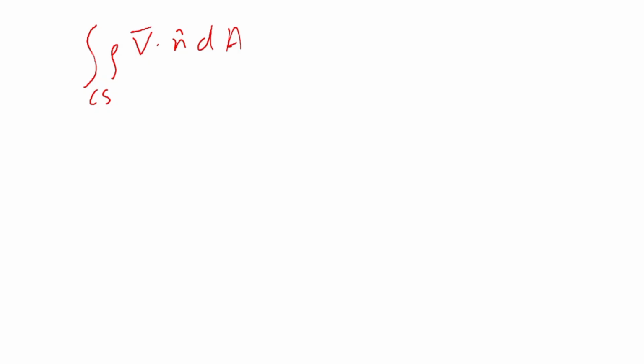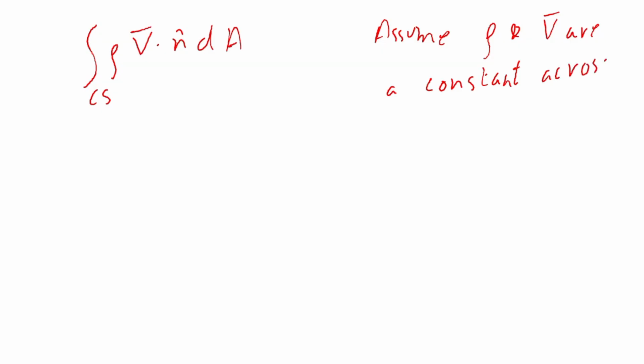Again, to make your life simpler in understanding this expression, let's assume rho and v are constant across a cross-sectional area.